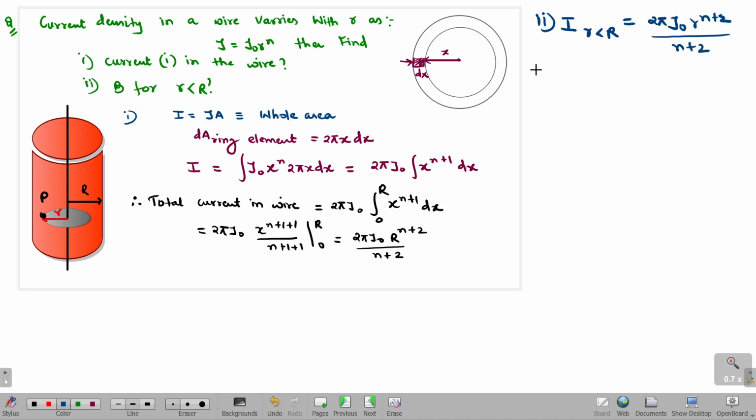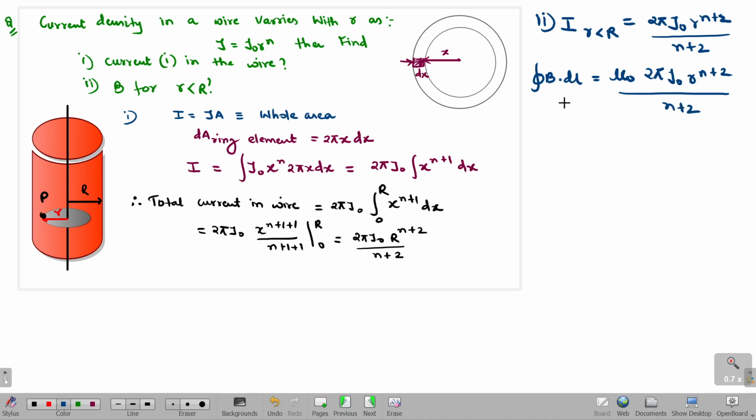And then I can apply the formula, no? That is, the closed loop integral of B dot dl equals mu naught I enclosed, which is 2 pi j naught r to the power of n plus 2 divided by n plus 2.